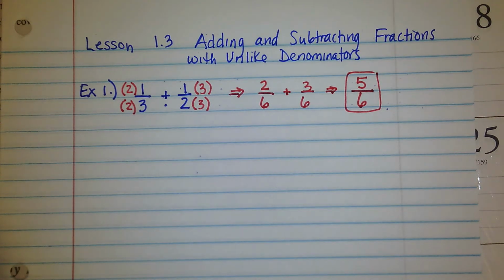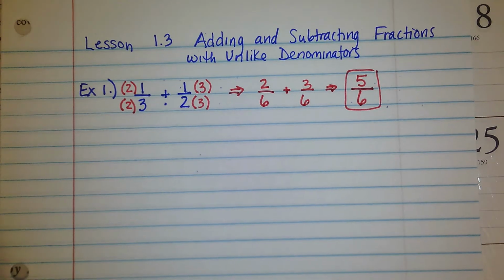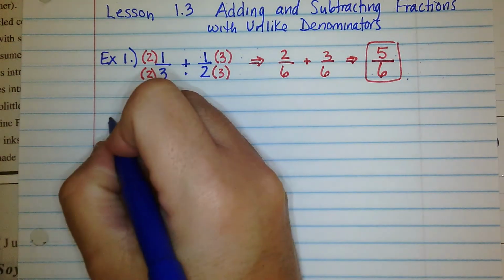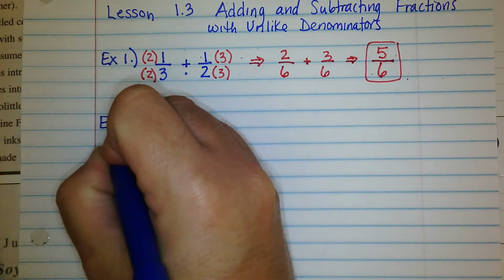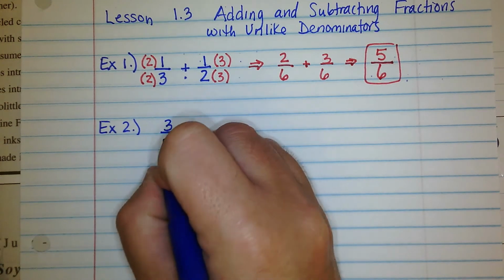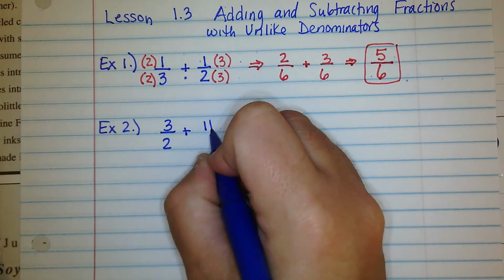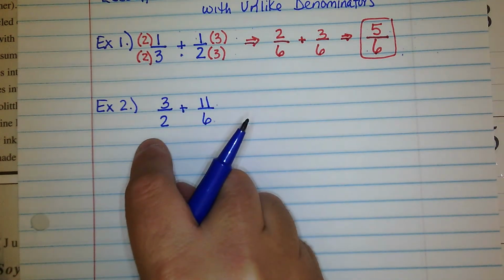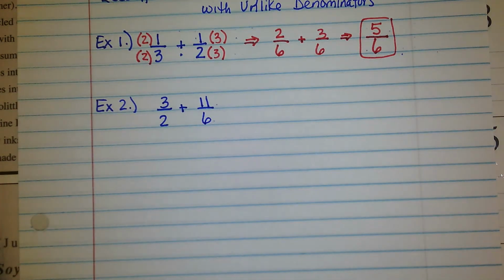The second type of problem that I wanted to look at with you, where it might be easier to do a different method, would be example number 2. I have 3 halves plus 11 sixths. Now, I know these are improper, meaning the top is bigger than the bottom, but that doesn't matter at all. When we're adding fractions, the one thing you need to have is a common denominator.